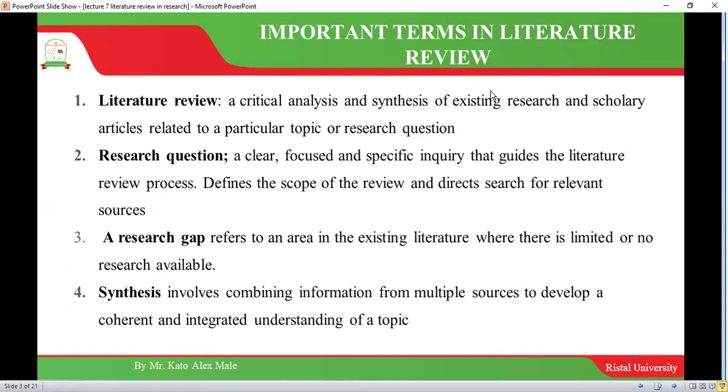Then a gap is that area in the existing literature where there is limited or no research available. Remember, as you come up with a problem, you try to do this literature review to identify a gap in literature, to try to add weight to your research project. You try to add significance to your research project.